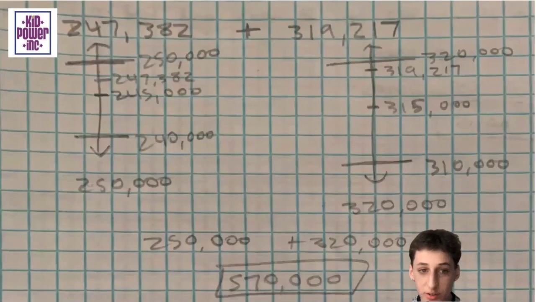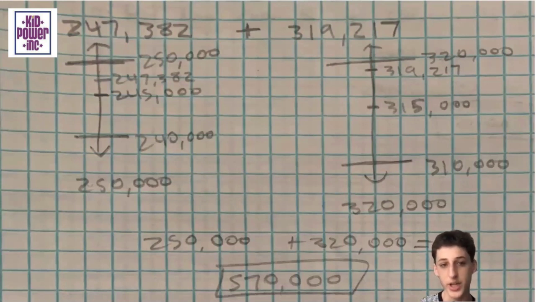All right, so for my answer, my head out the way. So for 247,382, I knew that 247,382 was in the middle of 250,000 and 240,000. Made my halfway point, and I knew that 247,382 was slightly bigger than 245,000.